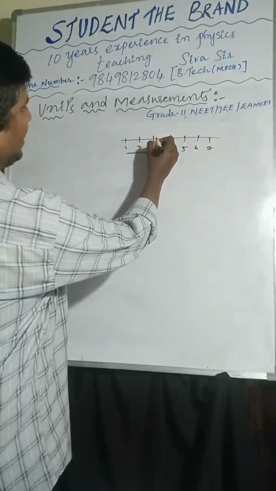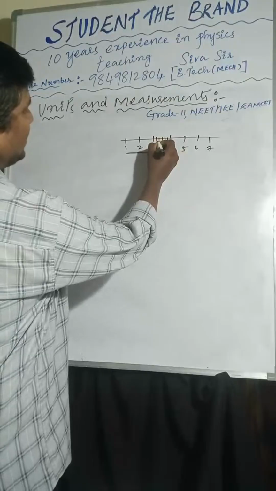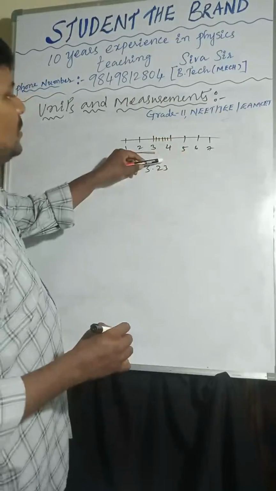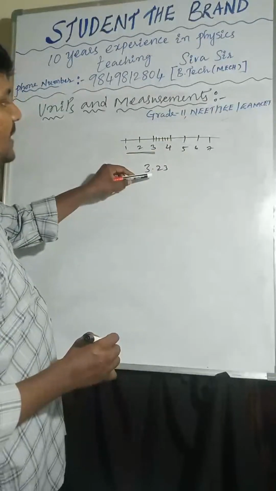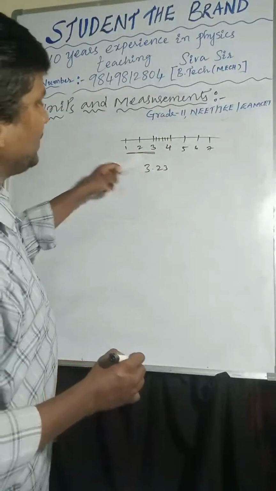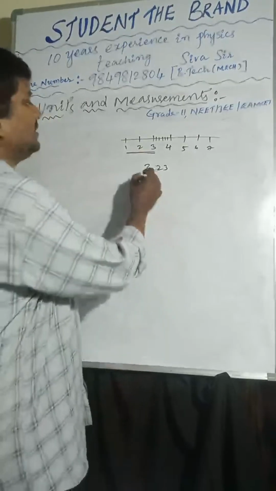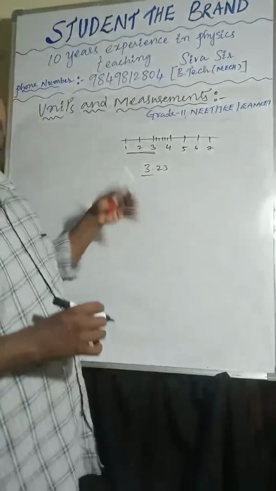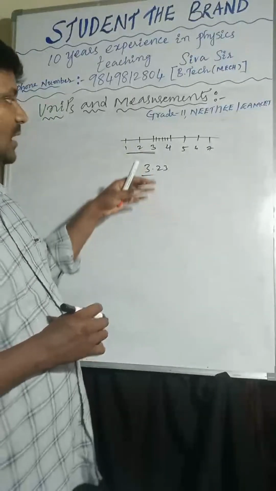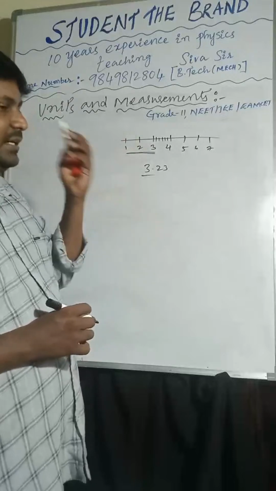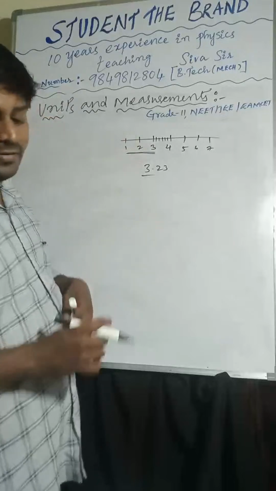Below that, 3 point something, 3 point 2, 3, like that it is there. So this is the sure value plus the approximate value, and these values are called significant. Sure digits plus the next digit, that is called significant figures.